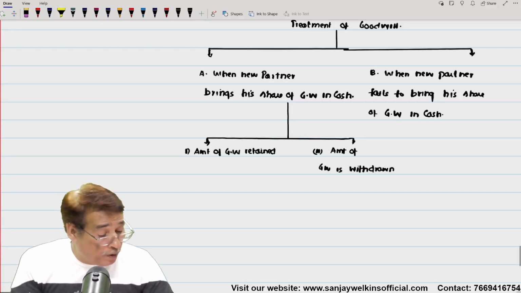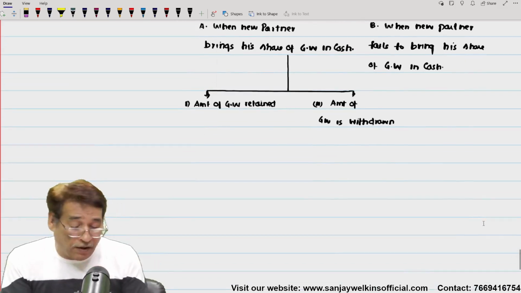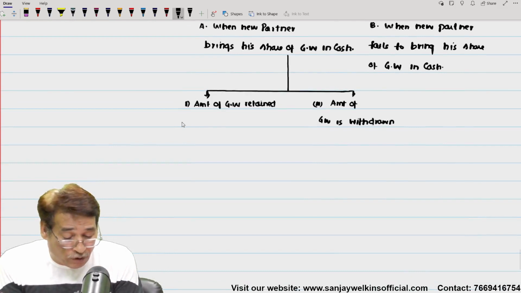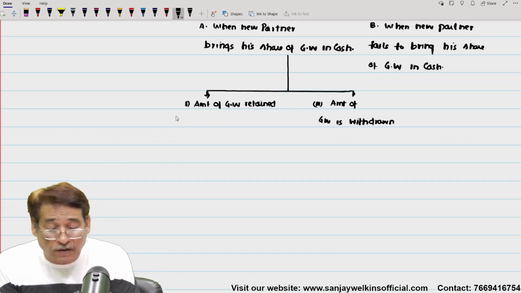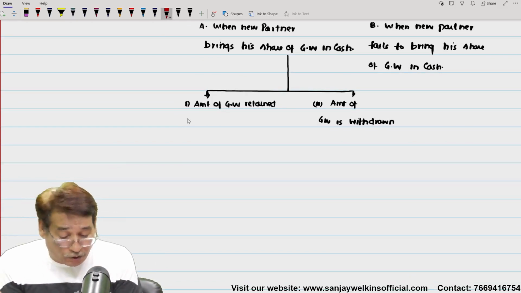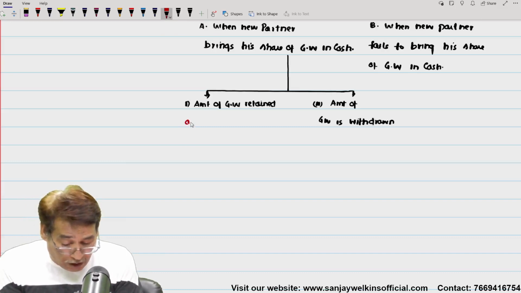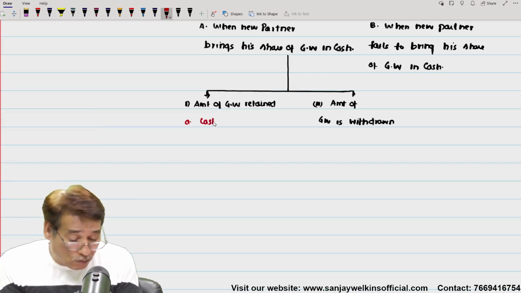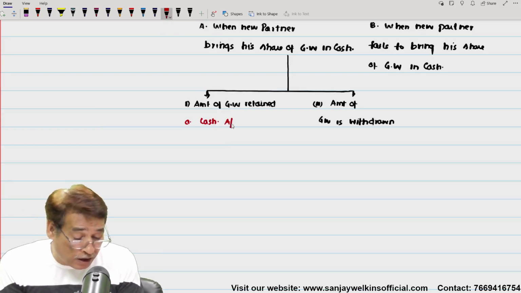So when the new partner brings his share of goodwill in cash and that amount is retained, the entry we are going to pass will be like this. Cash account debit to premium for goodwill account.